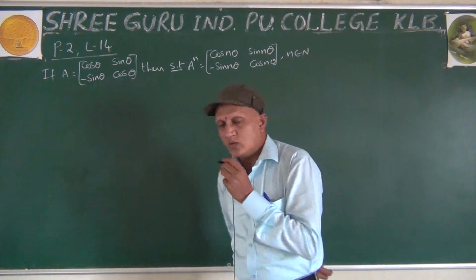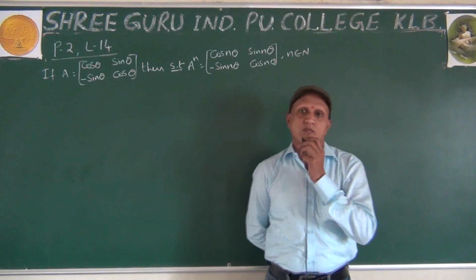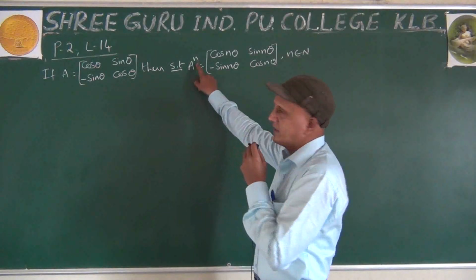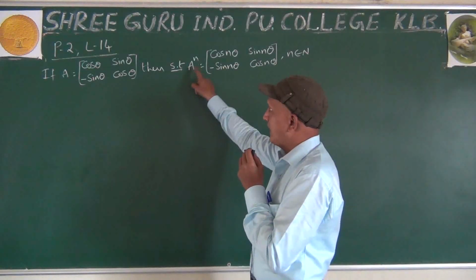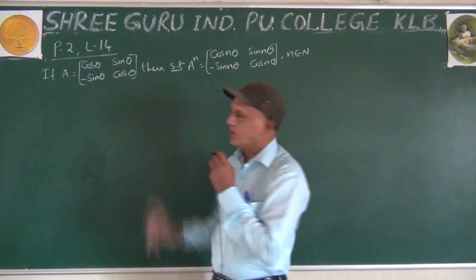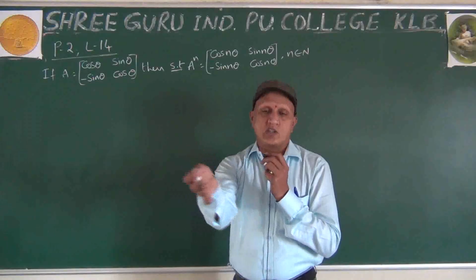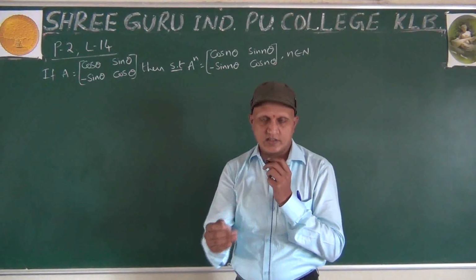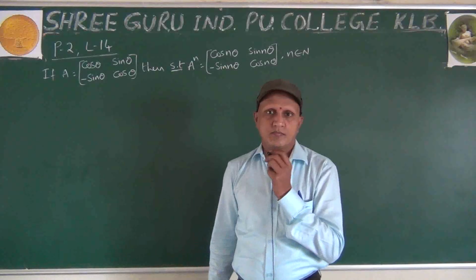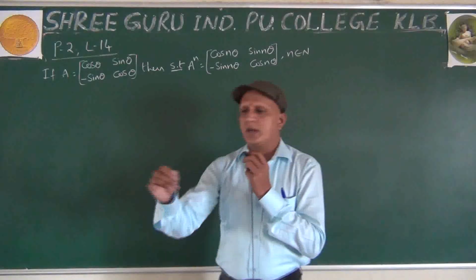Sir, how should we know that we have to prove this question by using mathematical induction? Let us see this one. A power n is there. For example, if capital A equal to this one, find A square. Otherwise, prove that A square equal to something. Prove that A cube equal to something.